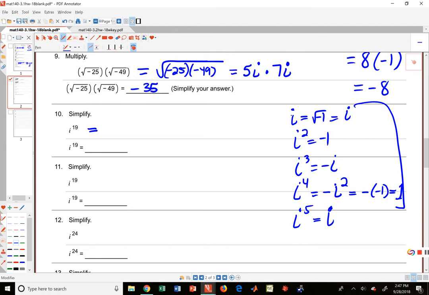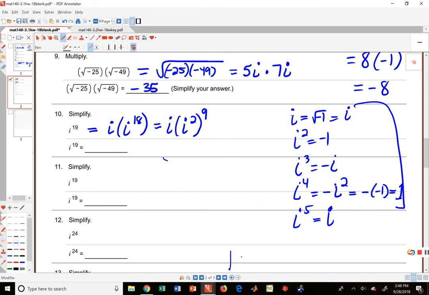So all we have to do is rewrite i to the 19th as something like this. What you want to do is think of this as i times i to the 18th. Well, if you pull off one i, then you get i to the 18th. Now how can you write i to the 18th as something we know? How about we write this as i squared to the 9th?